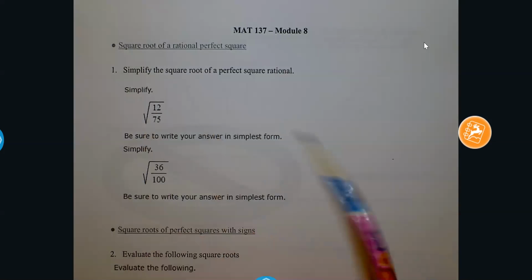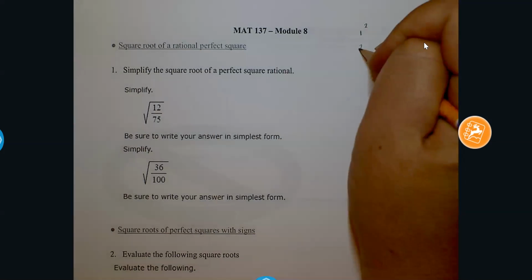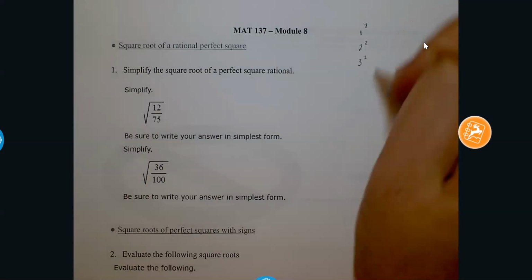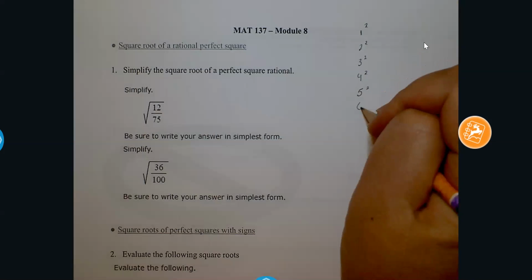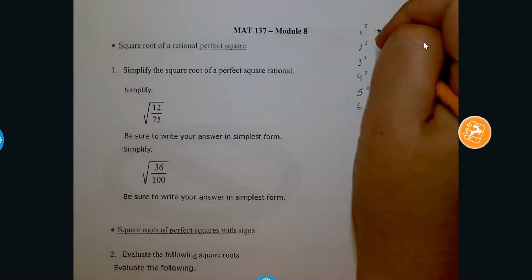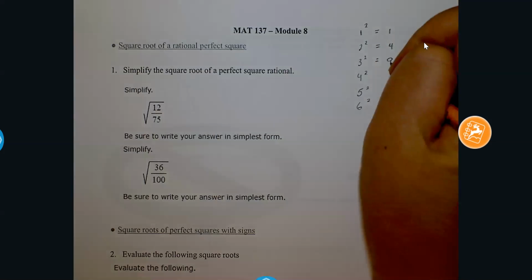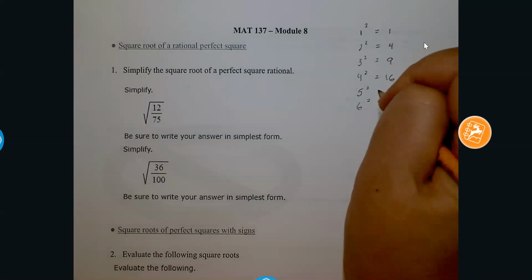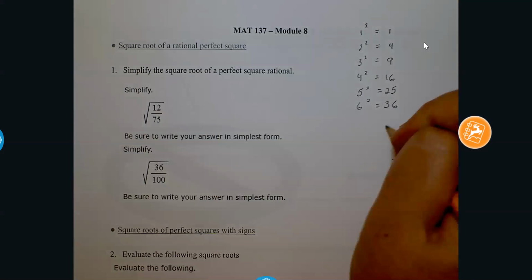When we're talking about perfect squares, we are talking about 1 squared, 2 squared, 3 squared, 4 squared, 5 squared, 6 squared, so on and so forth. So we're talking about the numbers 1, 4, 9, 16, 25, 36.